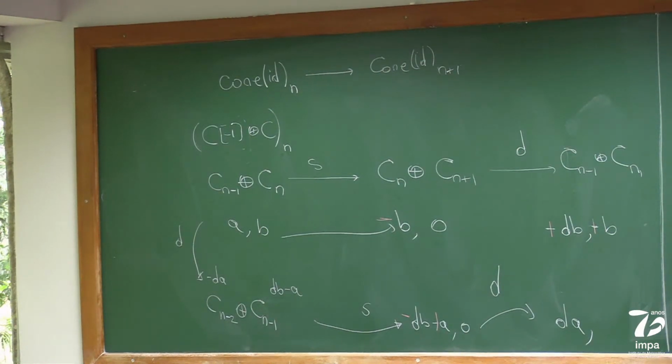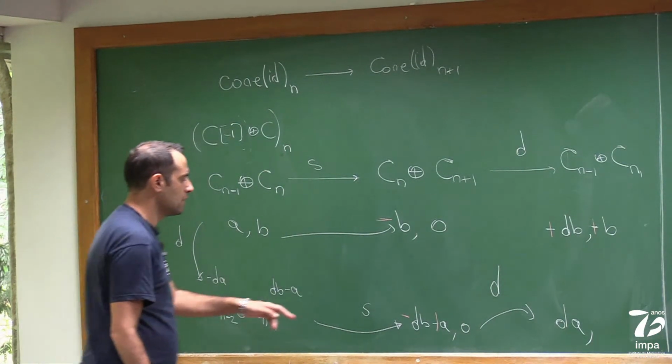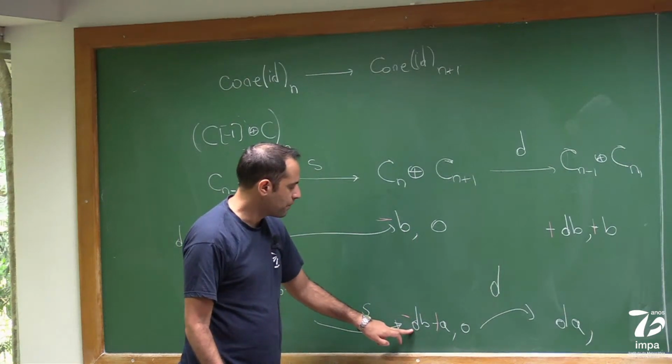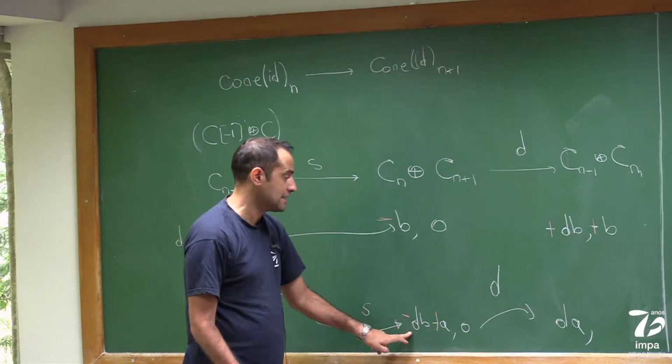dA. Is it a splitting? Should be. Why am I not seeing? Oh, that's fine. Yeah. So I get dA, and then from the identity map on the other side, I see the dB.